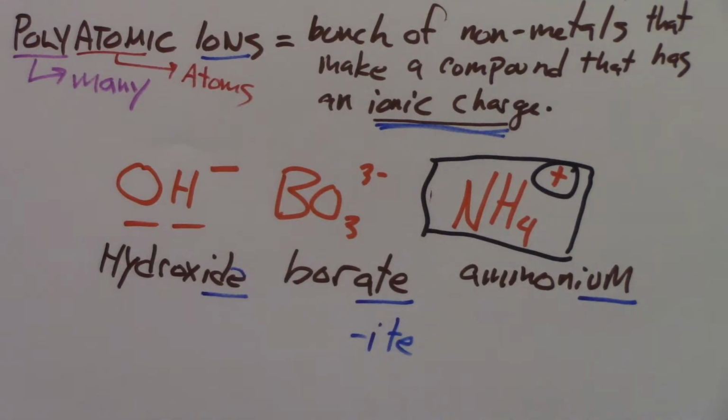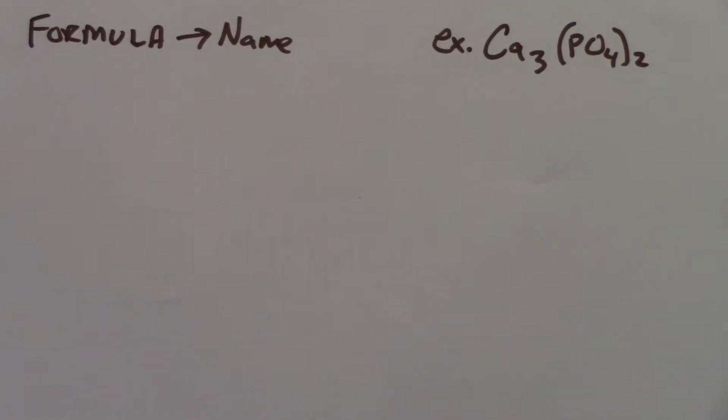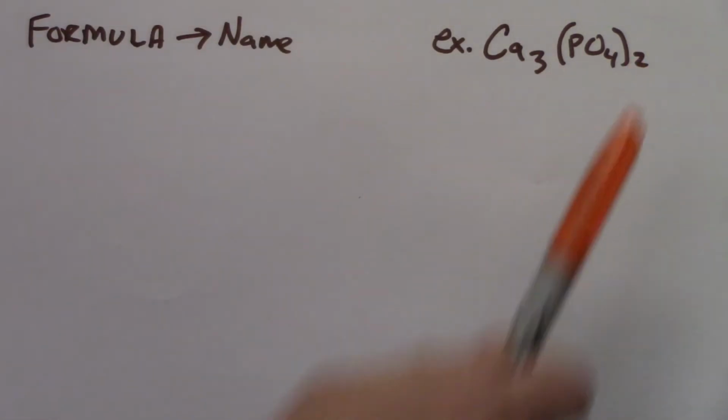Okay, so let's get into naming polyatomic ions. What I want to do first is go from a formula to a name. As you can see, we have this formula, Ca3(PO4)2. First of all, how to recognize a polyatomic ion that is being used in a formula.